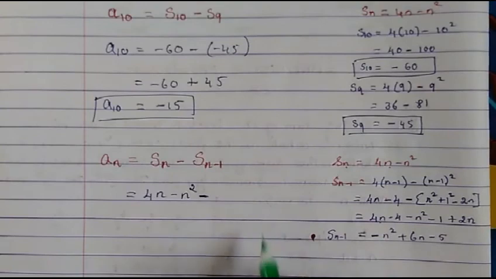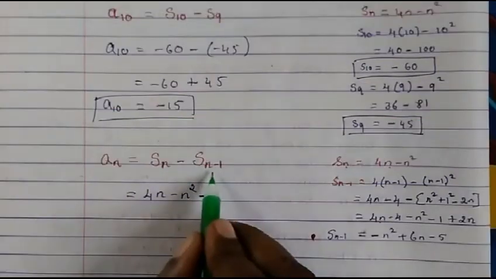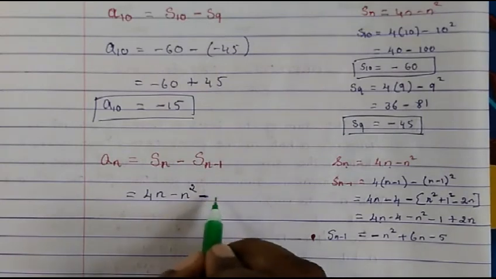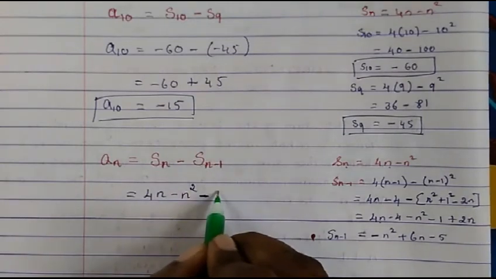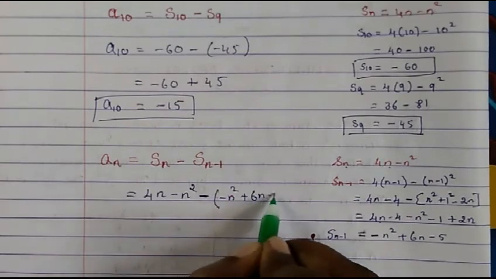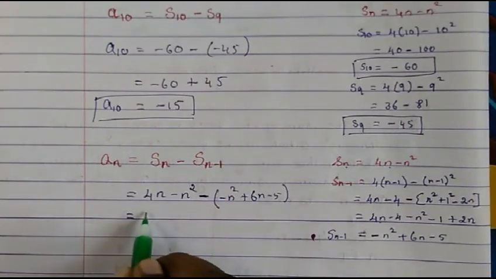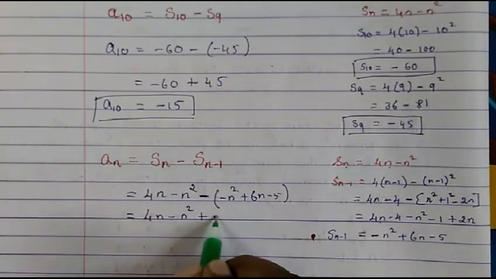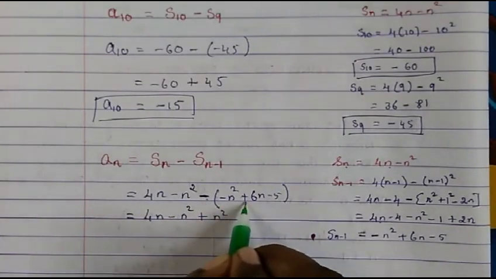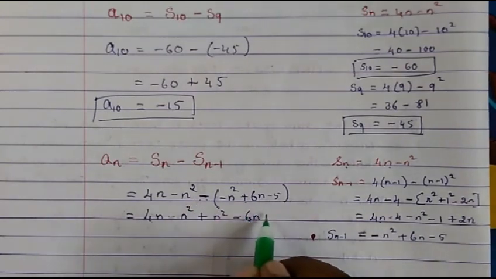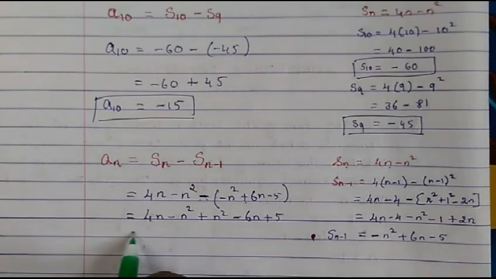Let's write this down here. Sn minus 1 is minus n square plus 6n minus 5. Now 4n minus n square, minus into minus plus n square, minus into plus minus 6n, minus minus becomes plus 5.